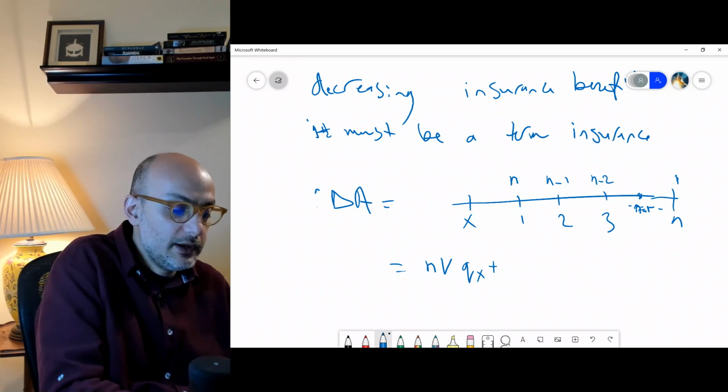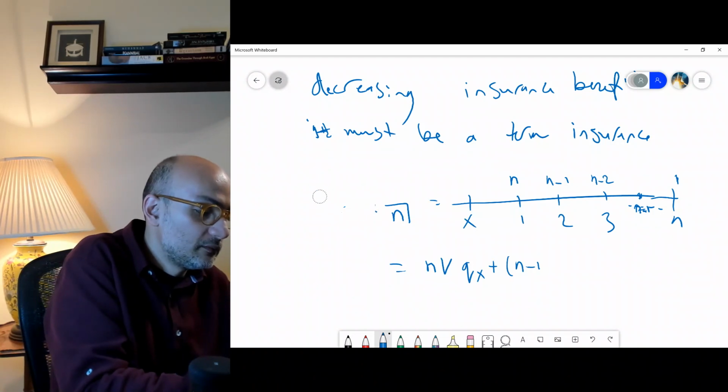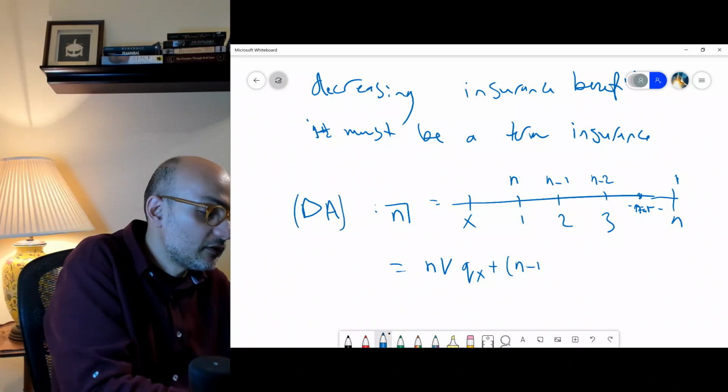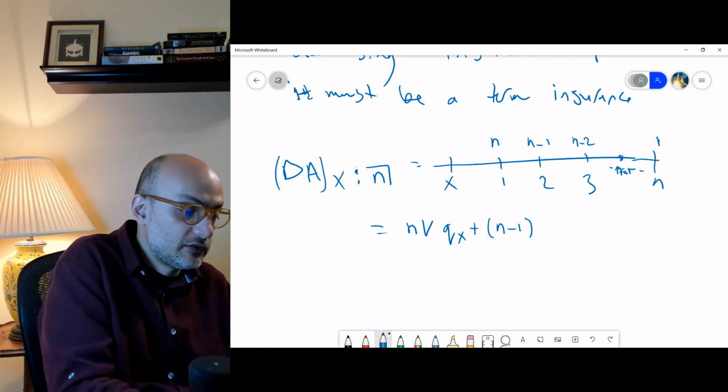The second one now will be n minus 1. Oh, sorry, as I mentioned, it has to be term benefit up to n. This benefit must be the term DA for insurance for x up to the point of n, right? And then you have n minus 1, v squared. Now you survive p_x, then death happens.